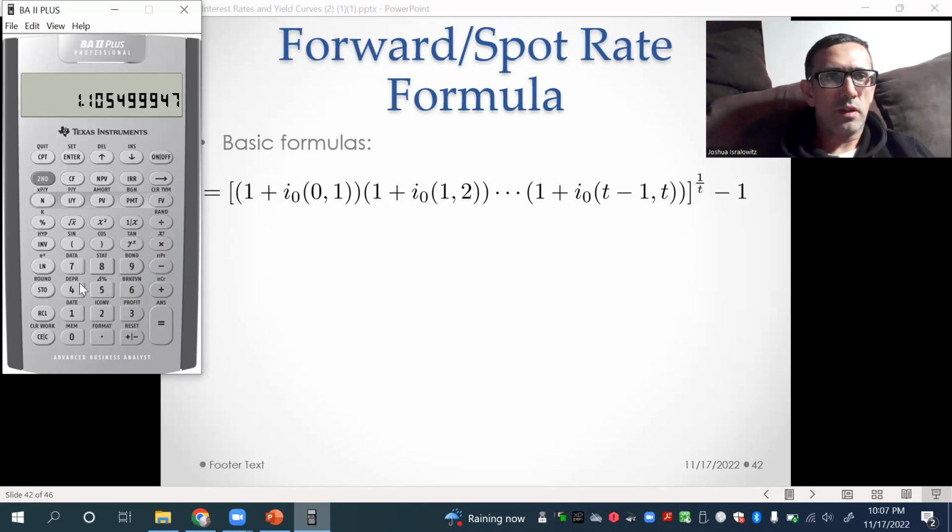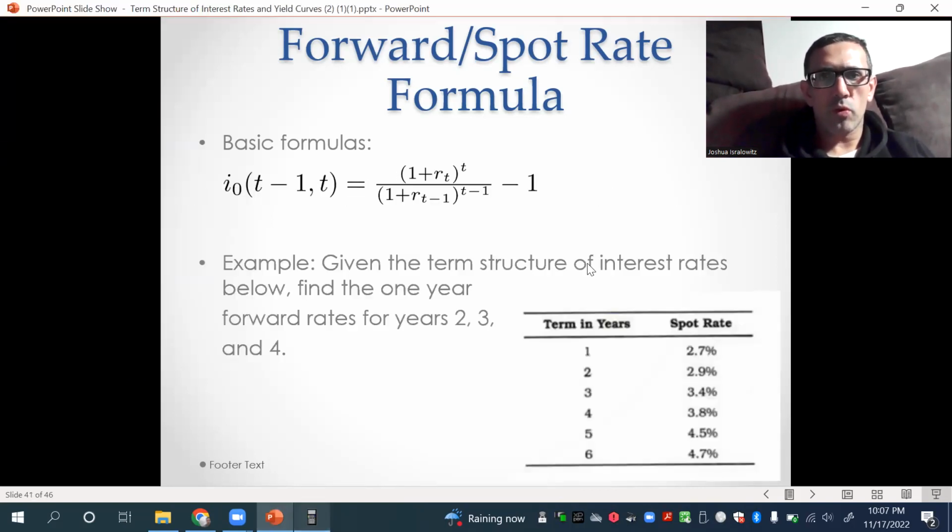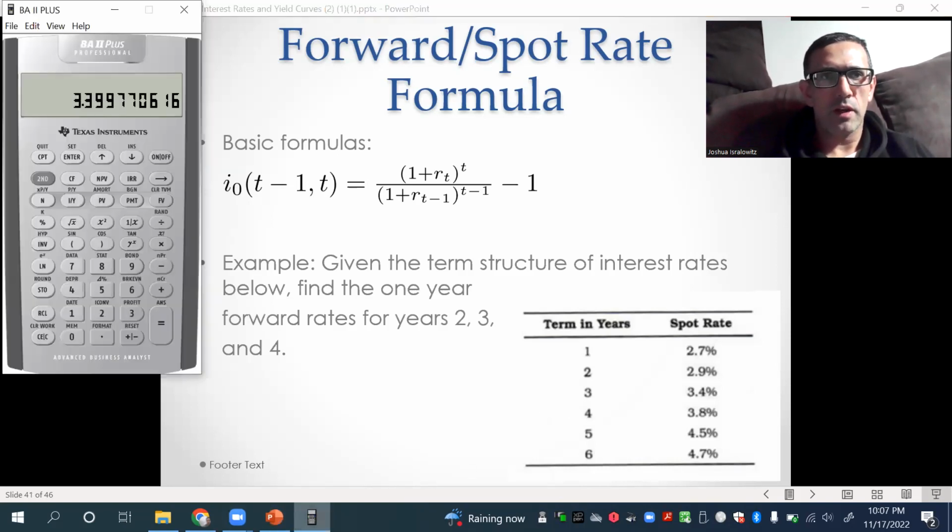Raise that to the 1/3, minus 1, and convert it to a decimal. We get 3.4% for the 3-year spot rate R3. That's exactly what I have here, just doing some rounding, 3.4%.